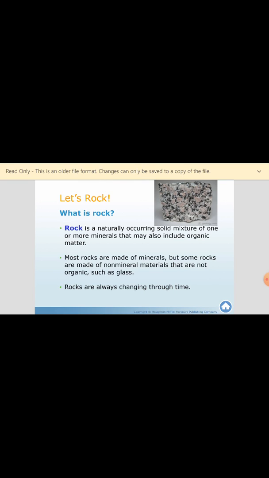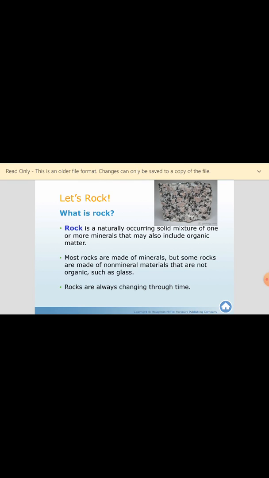In the last lesson, we learned what a mineral is, and the five main conditions that should be found in something to be a mineral. Here, the rock should be naturally occurring like the mineral, solid also like the mineral, but it has to be made of one mineral or a mixture of minerals that may also include organic material.